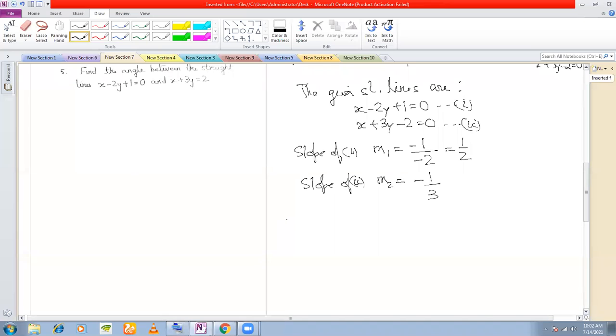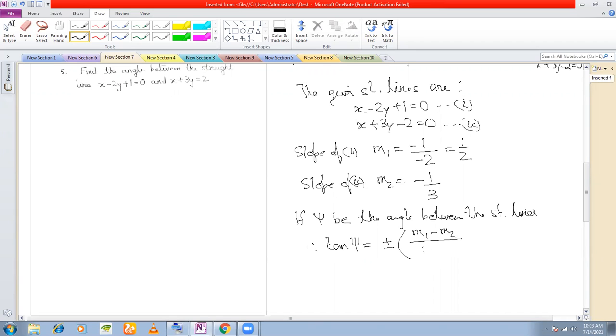Okay. So if psi be the angle between the straight lines, or you can take theta also, therefore tan psi we write as plus or minus (m1 minus m2) divided by (1 plus m1 m2).